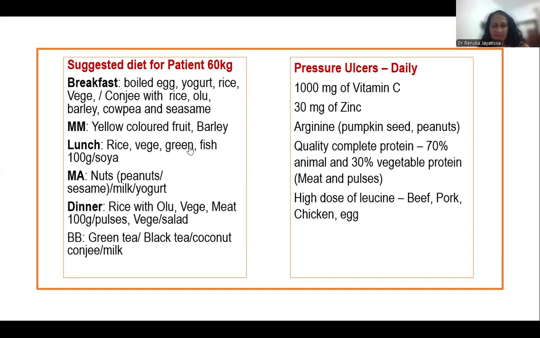You can ask them to have pumpkin seeds and peanuts. 70% of the protein should come from animal protein, and another 30% from vegetable protein. To get the leucine, they need beef, pork, chicken or egg, whatever they can include in the daily diet. So roughly this is how people should have their food for the wound healing process. Next slide.